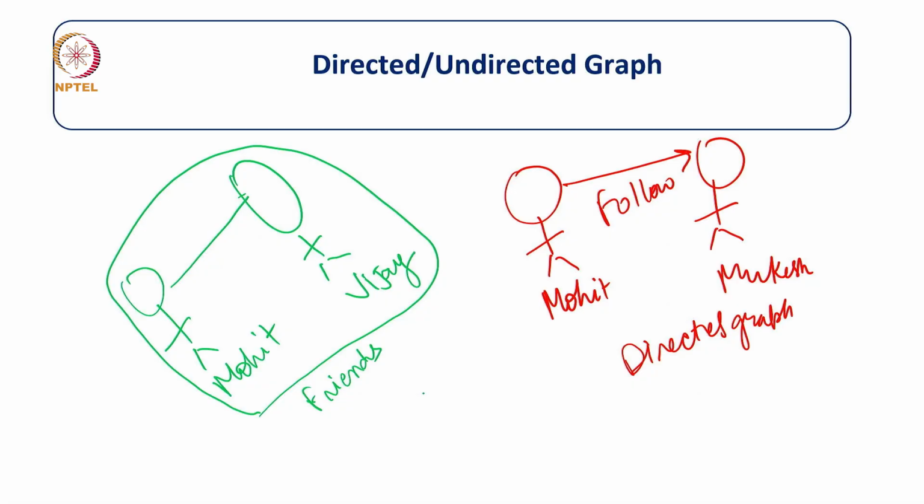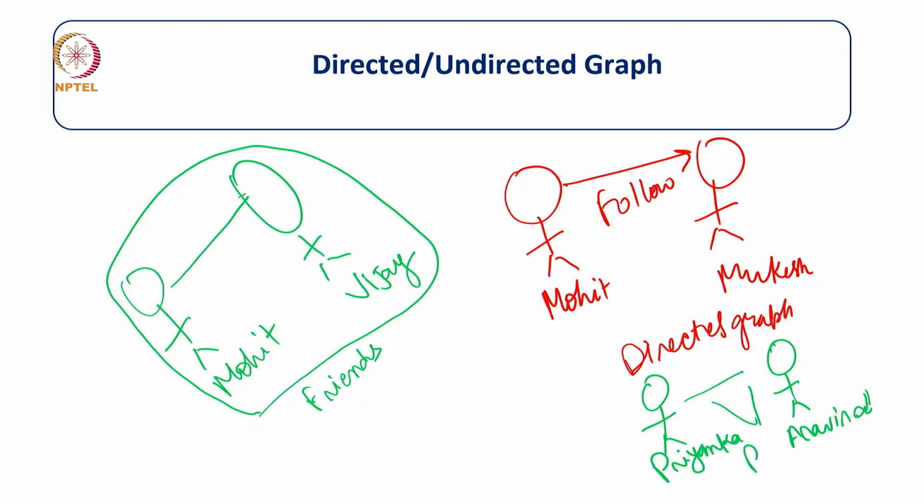Okay. So let us take one more example, of collaborating authors. Say, for example, this is an author Priyanka and this is another author Arvind. They have collaborated on a paper.